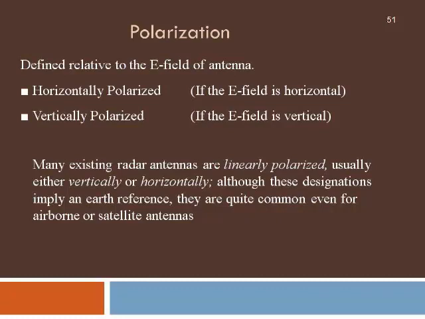Normally we have antennas either vertically polarized or horizontally polarized, or a combination into a single one. We call them linearly polarized. These designations imply the earth reference, but even with airborne or satellite antennas, the same terminology is used.